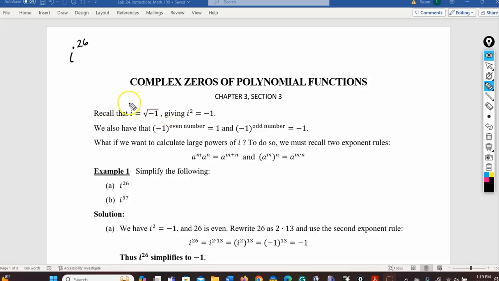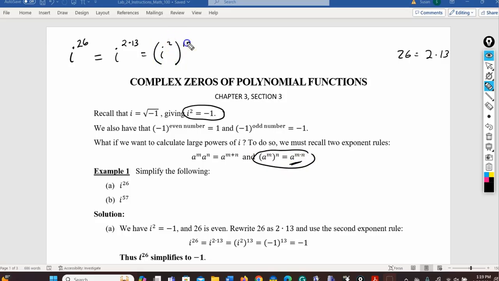So what I want to do is rewrite this and use the fact that i squared is equal to -1. Now 26 is an even number, and I can write that as 2 times 13. So this is the same thing as i to the power of 2 times 13. And if I use this rule here, reading it from right to left, I can regroup that like that.